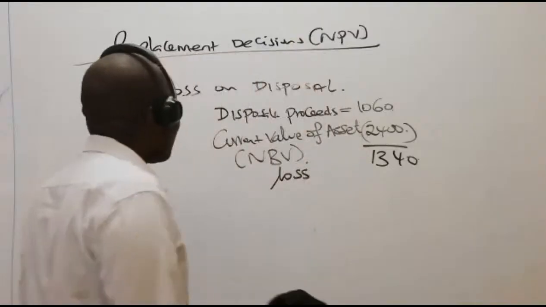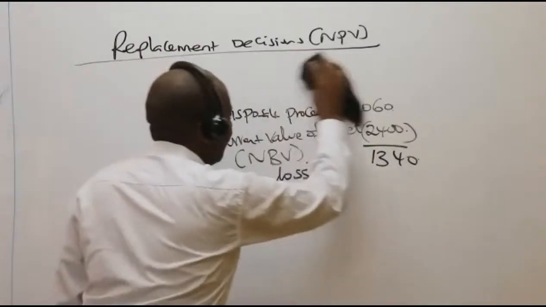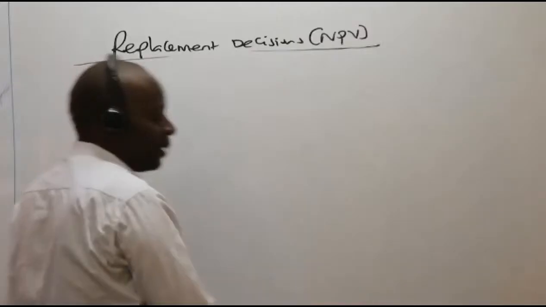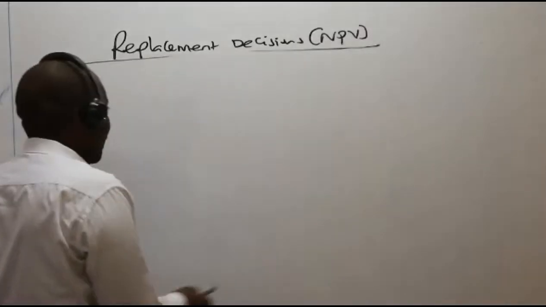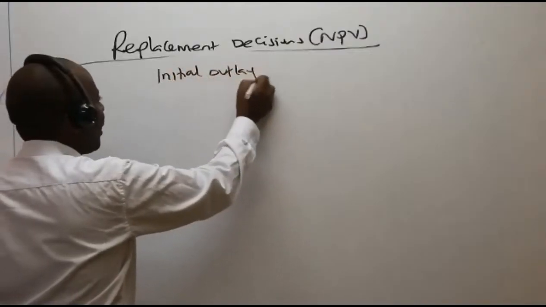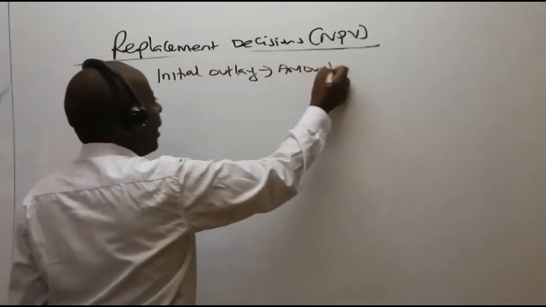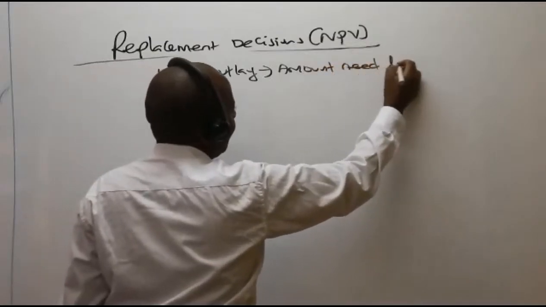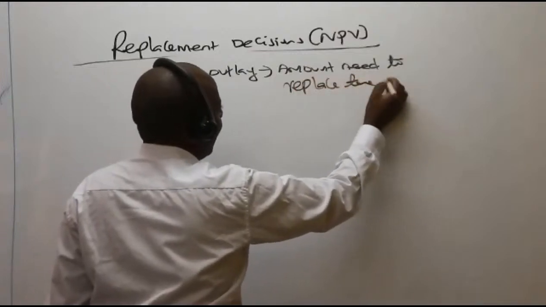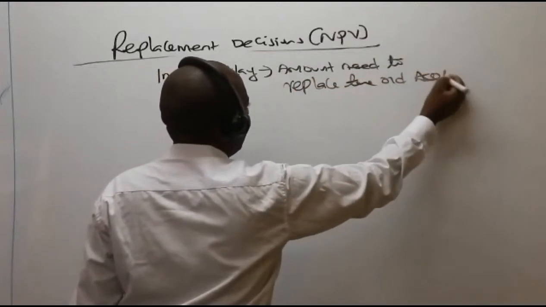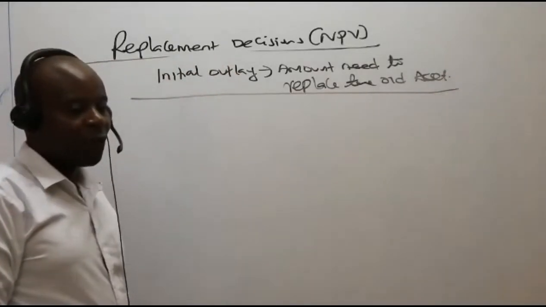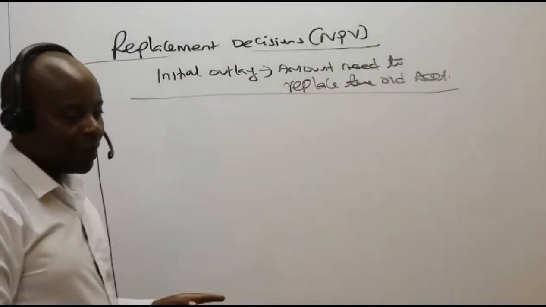Now from there, ladies and gentlemen, step number 2. This is step 1, the first step. So step number 2, come and give us the initial outlay. The initial outlay amount needed to do the replacement, to replace the old asset, the amount needed today in order for us to replace the old asset.